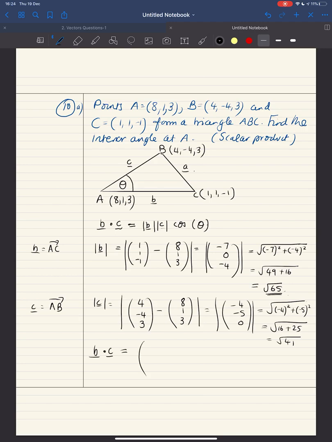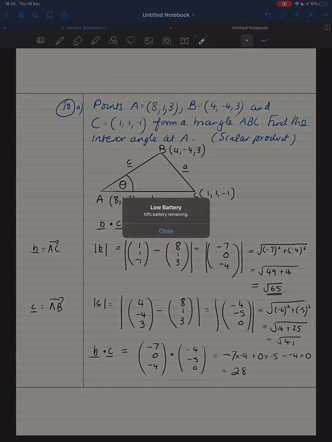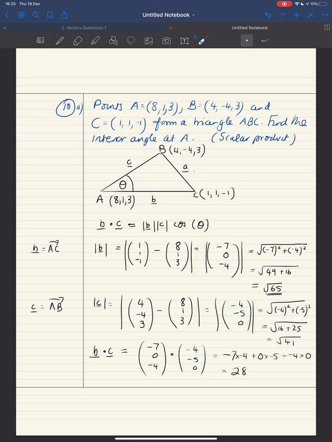So that is going to be minus 7, 0, minus 4, dotted with minus 4, minus 5, 0. Minus 7 times minus 4 plus 0 times minus 5 plus minus 4 times 0. So that's actually 28. So we've got all the bits now, because here we want B dot C, which is 28. Size of B is root 65. Size of C is root 41.